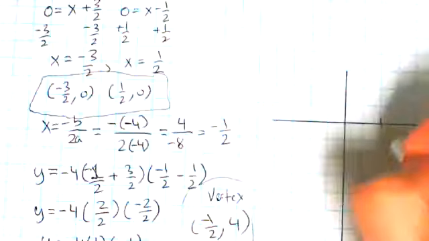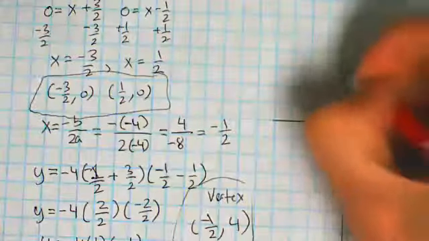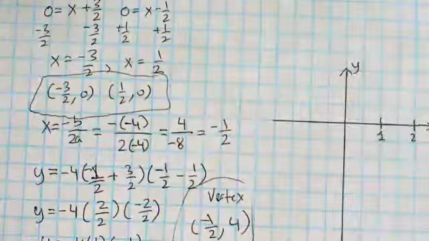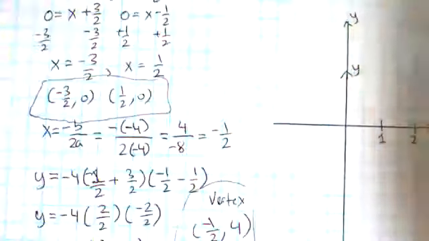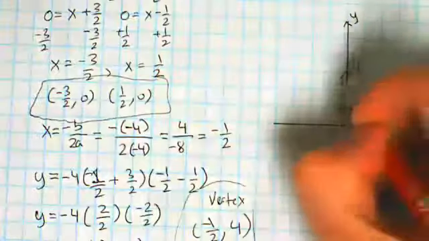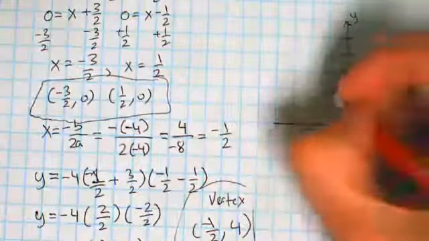So this is 1. This is 2. These are our x values. This is y. Actually, I realized we're going to need more space on the y-axis because it goes up to 4. So let me extend this a little bit. Our y's. This is going to be 1, 2, 3, and 4, 5. So we have 2 and 4.